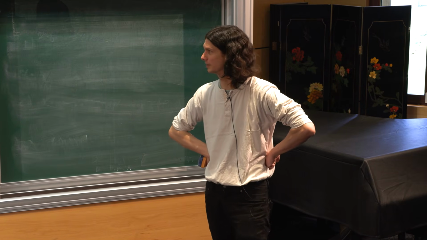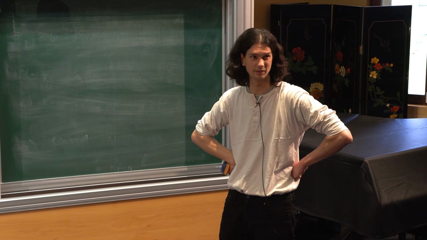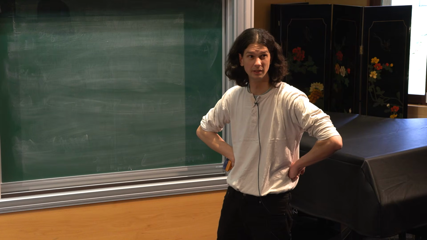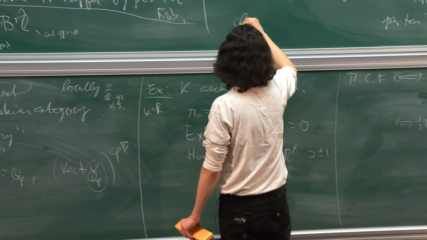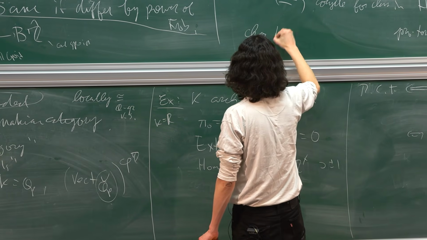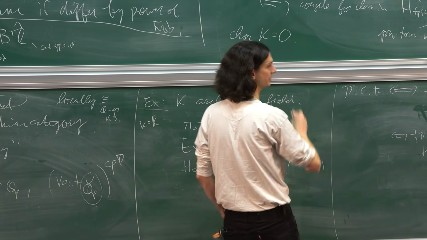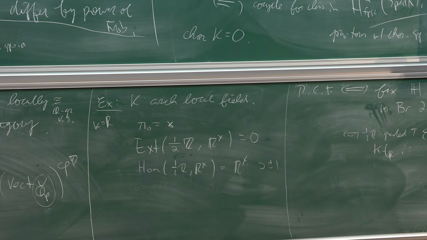Yeah, you might be right about that. I should probably stick to characteristic 0 for this. In some sense you are right, but you have to think about what you are exactly saying. Yeah, I completely agree with you. Thanks.